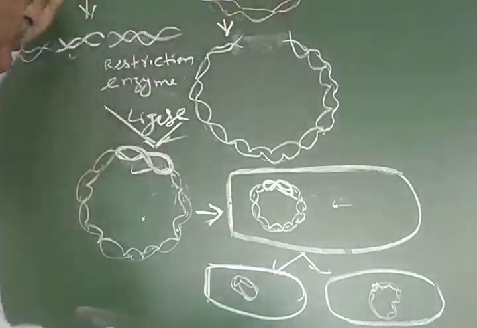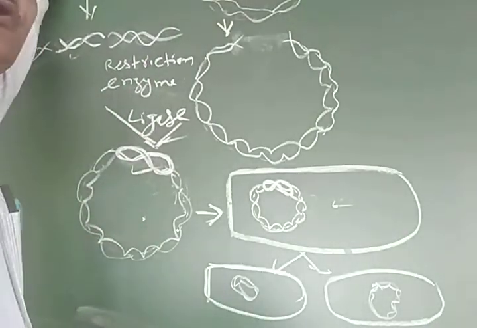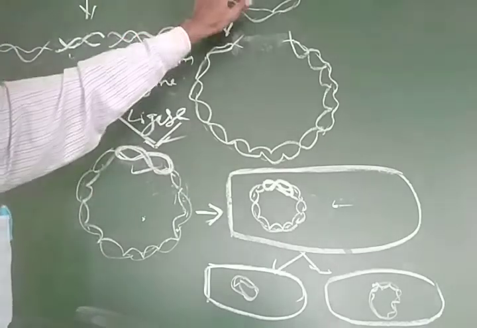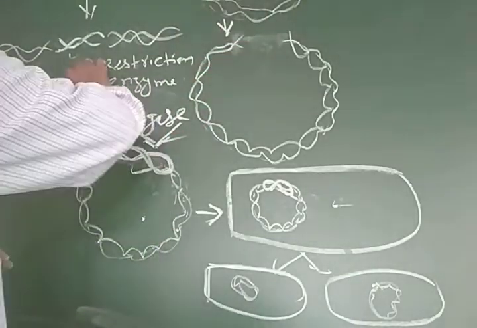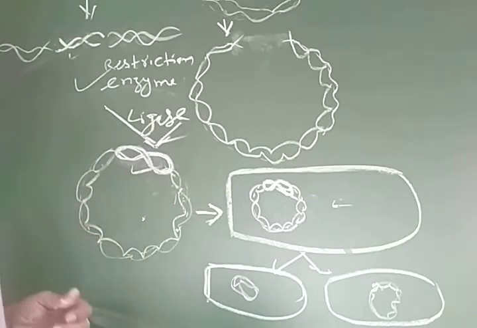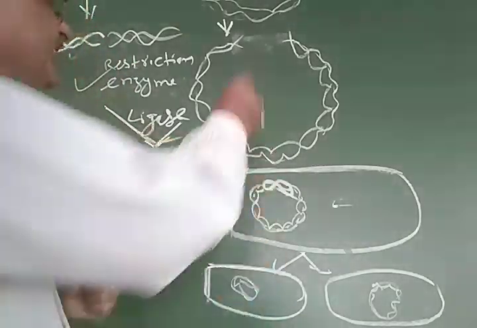Okay, so this is the process. Now you can understand. Suppose this is the vector DNA, this is the foreign DNA, and we want to take a gene from this foreign DNA and add it into this vector DNA. We use the same restriction enzyme to cut both the vector and the foreign DNA, because if we use the same restriction enzyme, it leaves the sticky end.